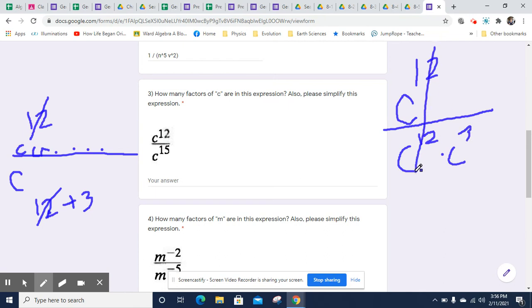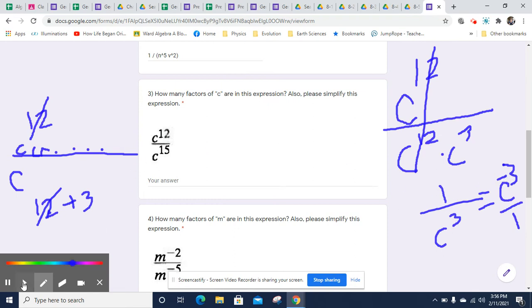So these 12 and these 12 go away, and we're left with 1 over c to the third, which is, of course, the same as, since that's a denominator, since it's a divisor, if I move that across the fraction bar, I can put a 1 down here to make it really clear that I've done that. That's c to the negative 3. So I'm going to put a 3 here, and the sign is negative. When I move this across the fraction bar, the sign of the exponent becomes negative. So I could write this as c to the negative 3 or 1 over c to the third.